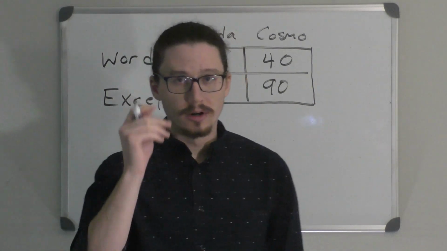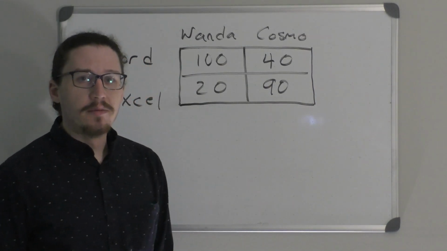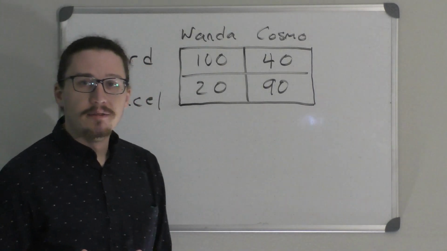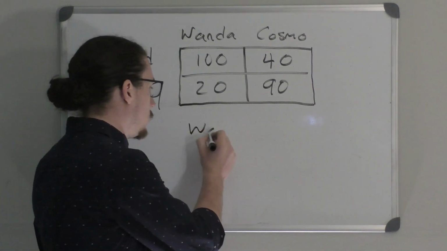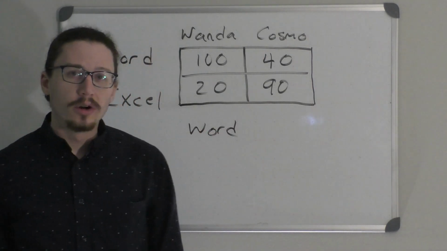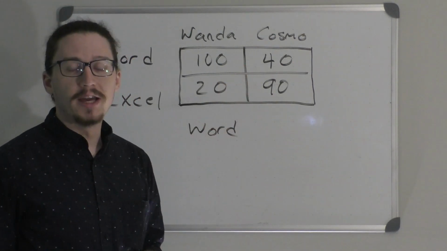So if Microsoft is going to sell these products individually, so sell just Excel, just Word, and these are the only two in the market, let's look at the price they should charge.